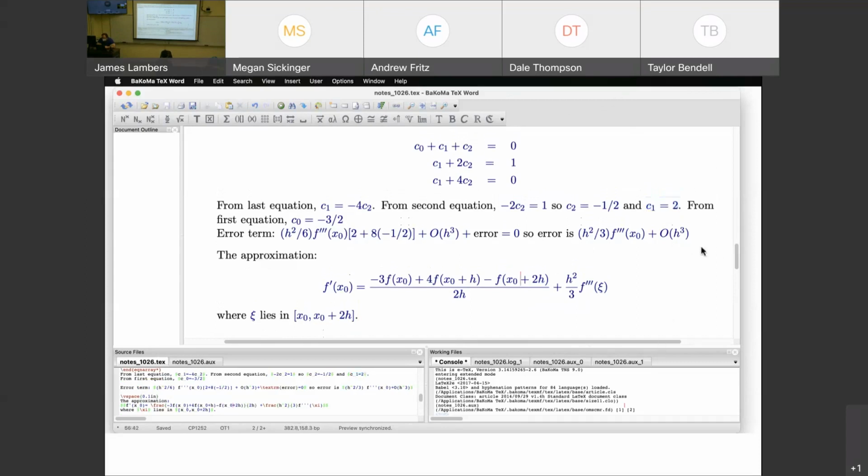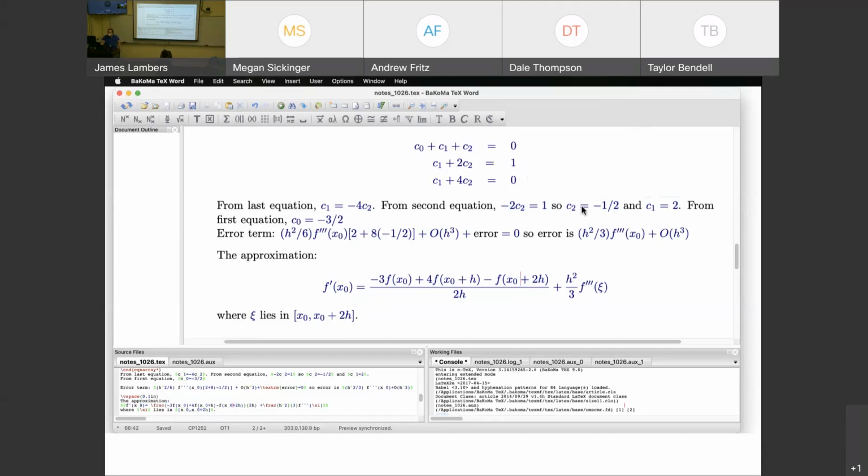Okay. Now, I want to point out some patterns though. Look at the system of equations. Notice the first row, we have the sum of all the coefficients must be 0. And that's going to be true in general. However many coefficients you have, they must sum to 0. The reason why is, suppose the function f is constant.